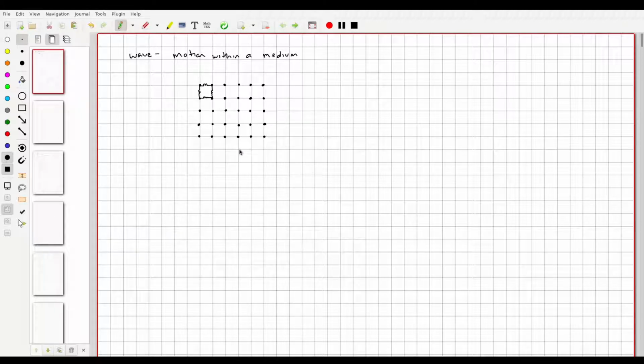So what I'd like you to do is think of taking these atoms right here, and we're going to pull them up like this. Now remember, these are all connected by what you can think of as springs.